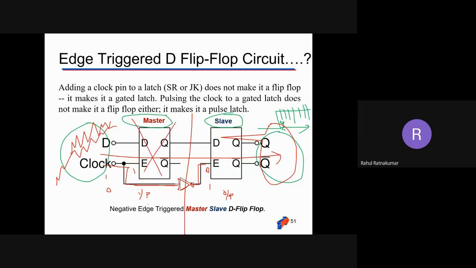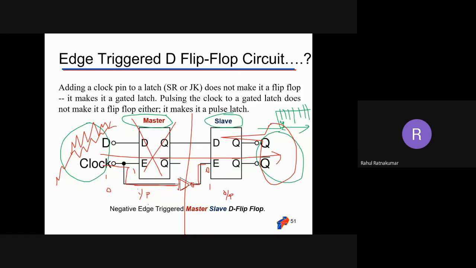The main idea you should remember is that I'm dividing the circuit into two parts, the input part and the output part, and both input and output are never active simultaneously. That means immediate changes in the input do not go to the output. When master is active, slave is inactive, and vice versa. Adding a clock pin to a latch does not make a flip flop; that is very important, it makes a gated latch.